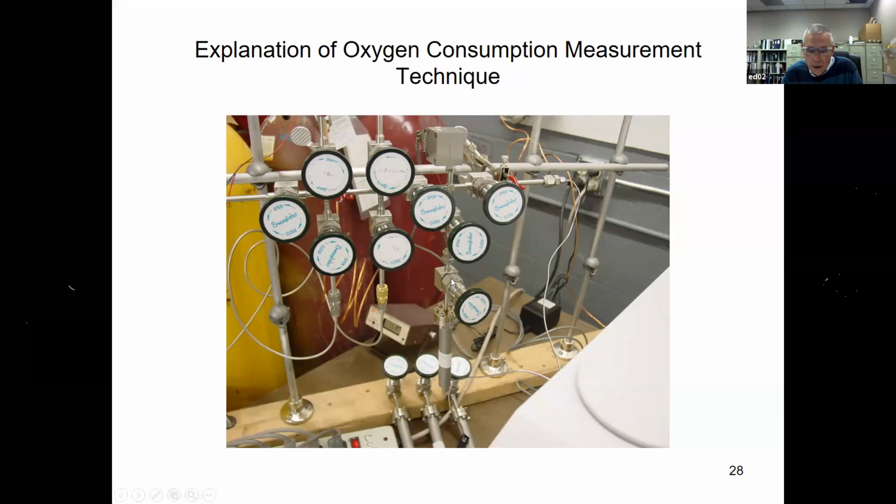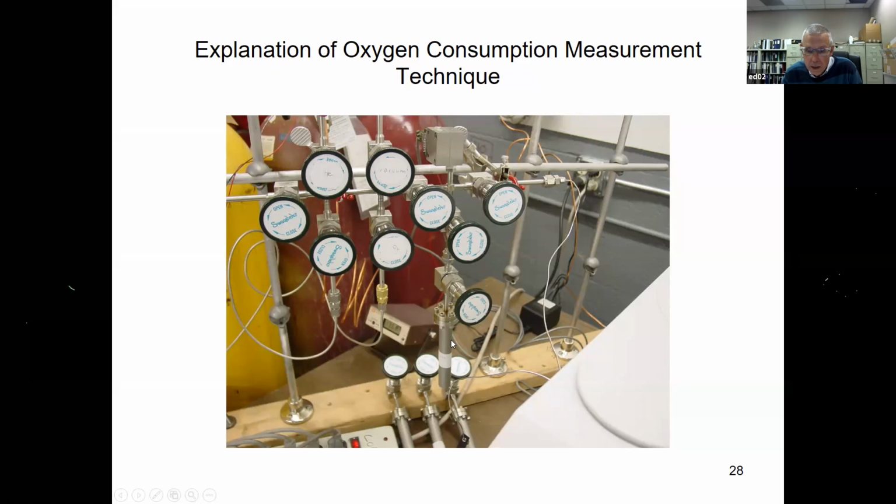So we cut the rubber into small pieces and stuff as much of the rubber into the stainless steel reactor as possible. And then we put it on the vacuum line, and we pull vacuum and then backfill with atmospheric partial pressure of oxygen, and we put it in the oven.